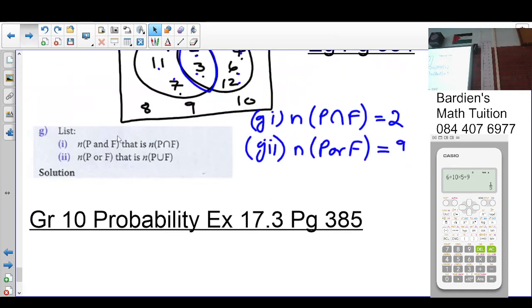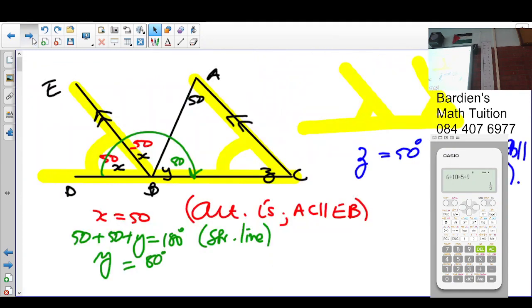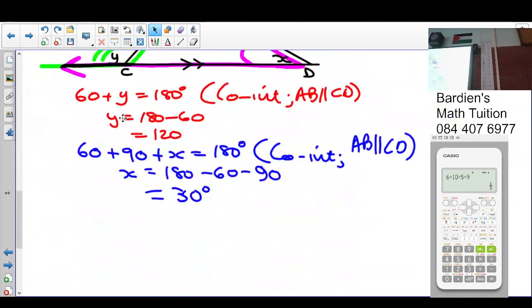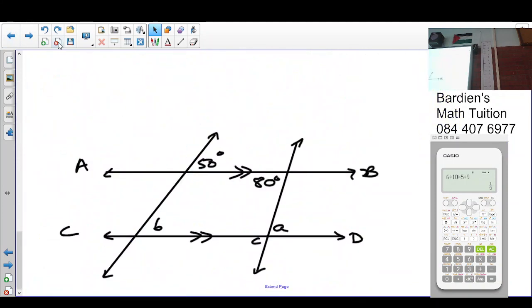So what you should be able to do is exercise 17.3.